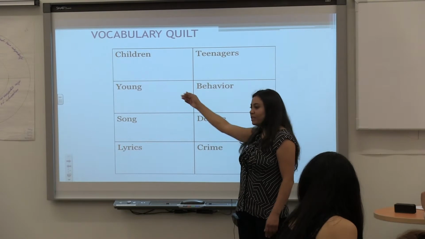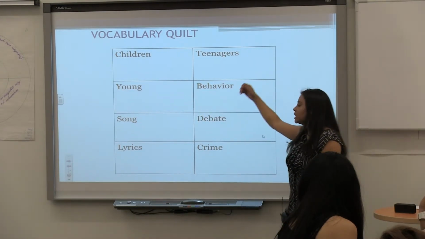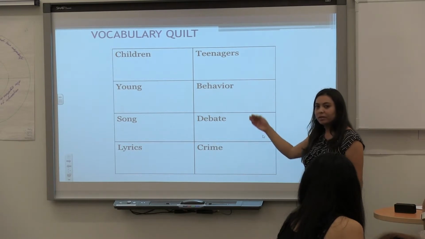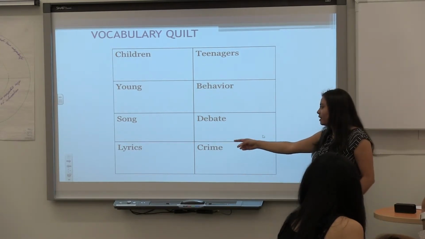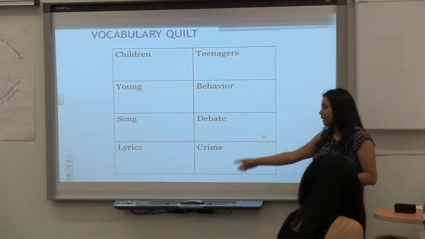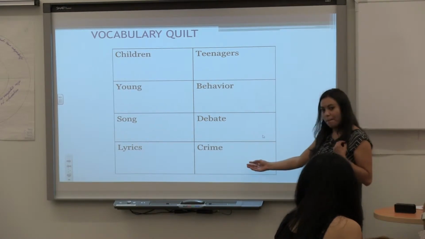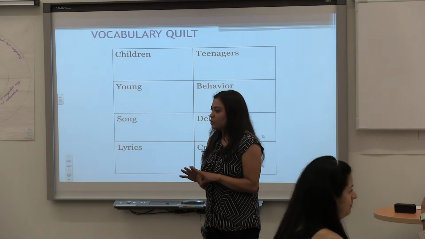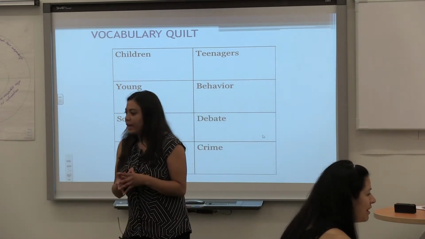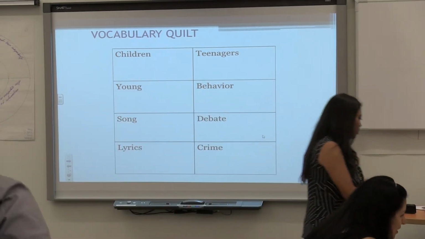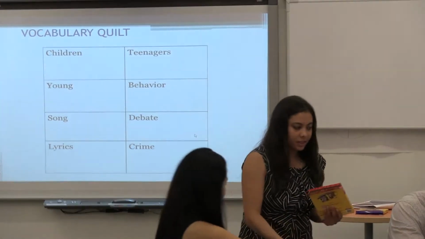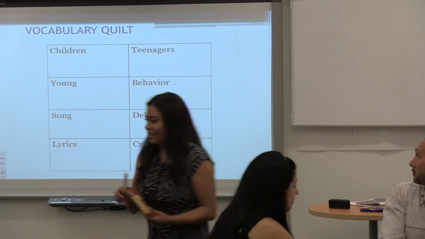Please repeat: children, teenagers, young, behavior, song, debate, lyrics, and crime. Okay, please, let's start to work. You have 5 minutes to do this. And also, I forgot to say that you have to use different colors or markers.